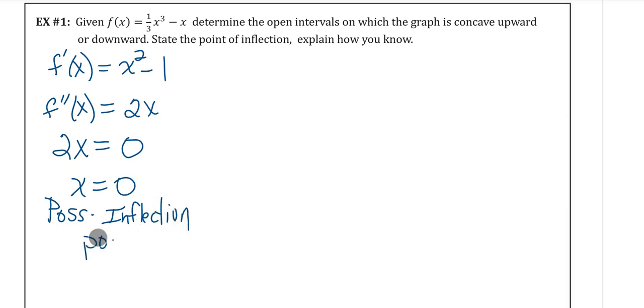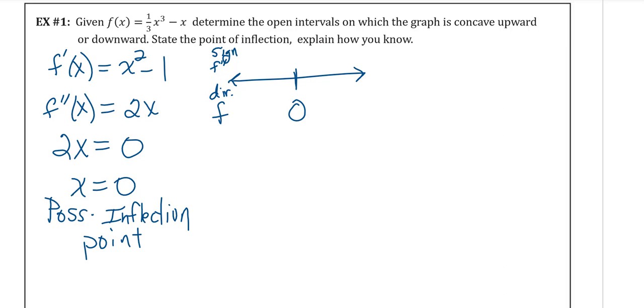We're going to talk a little bit more in subsequent examples about why it might not be. We're going to do a sign chart like we did before, this time with the sign of f double prime. Here are the x's, with 0 here.